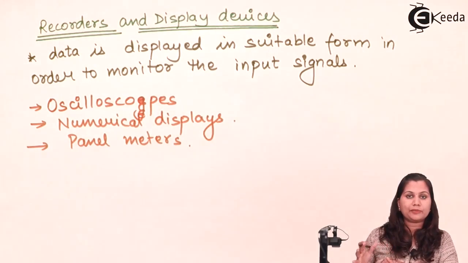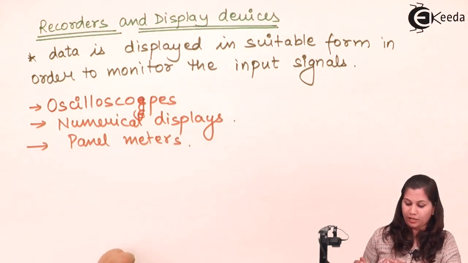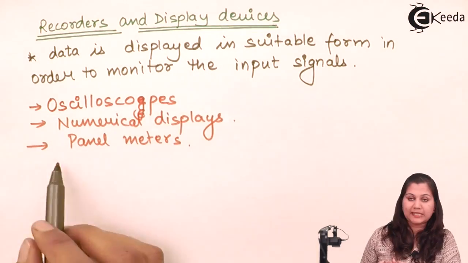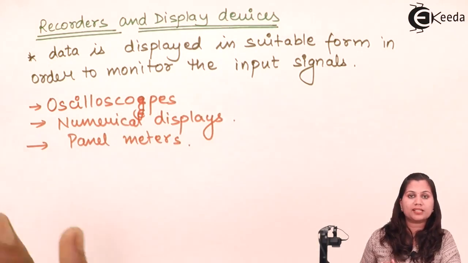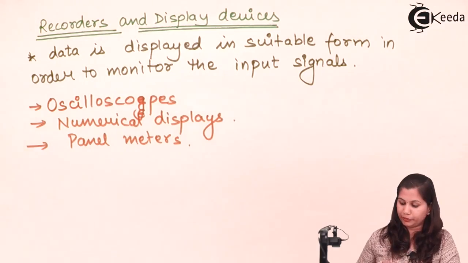So there are different types of display devices, okay. Oscilloscopes, numerical displays, panel meters are there, which give us the digital reading or digital output.